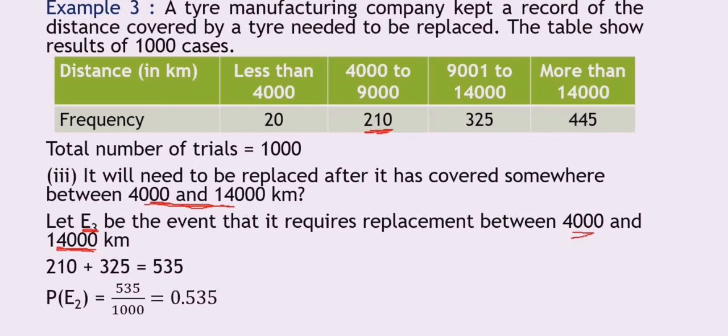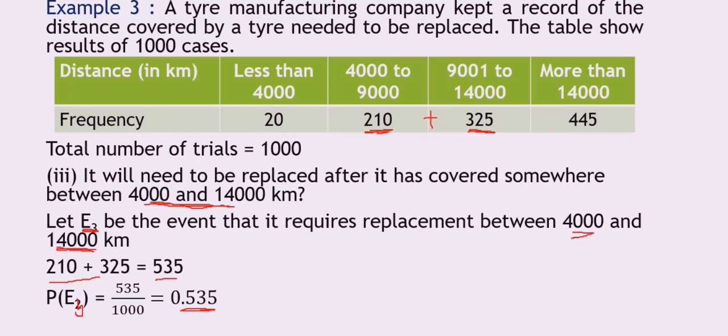And 9,000 to 14,000 means less than 14,000. So 210 events plus 325 events, the distance covered was between 4,000 and 14,000. We first add them: 210 plus 325 is 535. So the probability of event E3 occurring is 535 upon 1000, or 0.535.